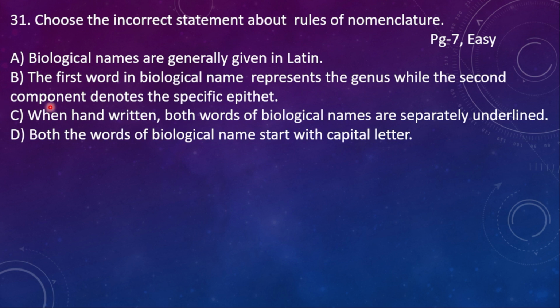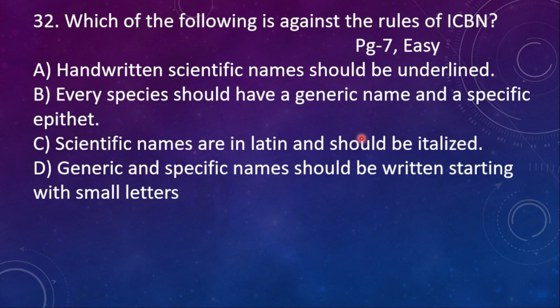Correct. While the second component denotes the specific epithet. It is also correct. When handwritten, both words of biological names are separately underlined. This is also correct. Then D: both words of a biological name start with capital letters. No, genus starts with a capital letter and then species starts with a small one. So the incorrect option will be D.